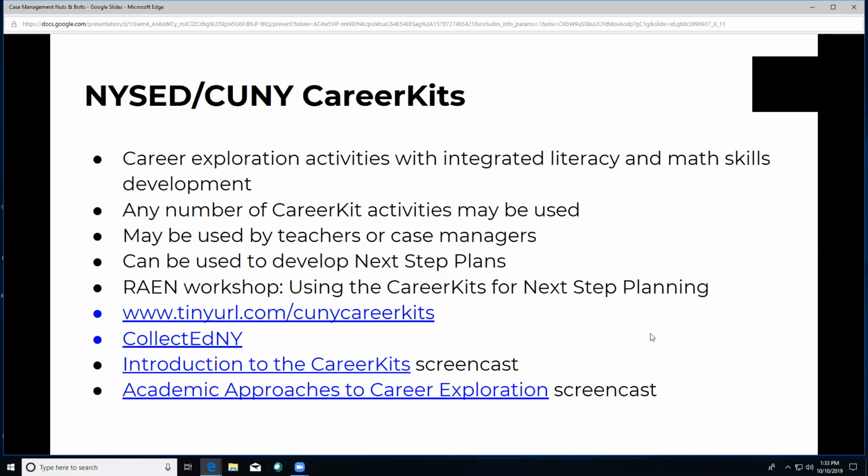The next requirement are the career kits. The career kits are a vast library of career exploration resources. We wrote them when these requirements from WIOA to do career exploration work with students came down. And we wrote them in such a way that academic skills are embedded in the career exploration lesson so that they can be used by teachers or by case managers.